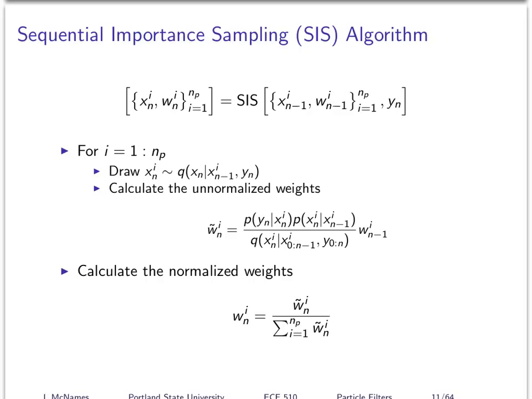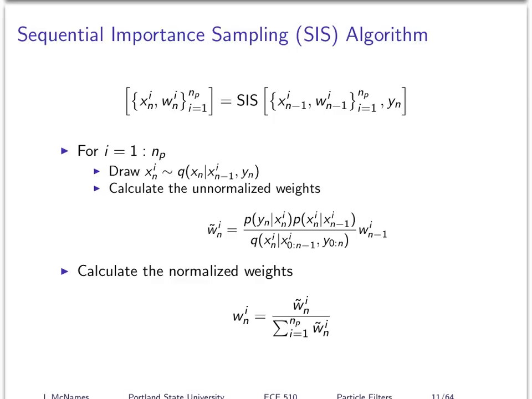Say you've got 100 particle trajectories. Each one of these you can think of as a possible state trajectory the state could go through. And at time n, you simply draw the next value for the ith particle, and you can take into account what the state was at time n minus 1, and whether this is also conditioned on the measurement at time n or the entire history of measurements.